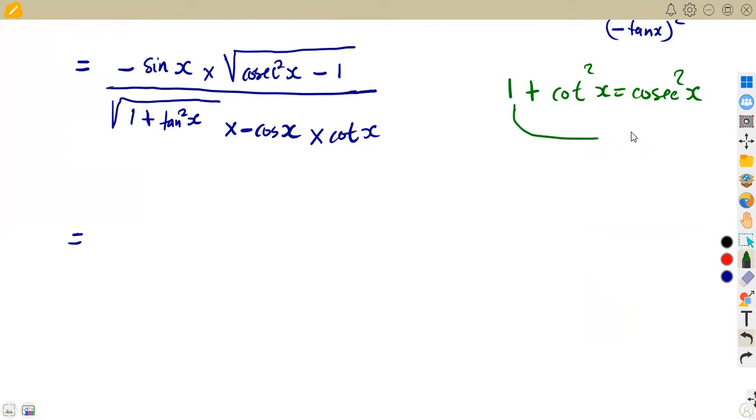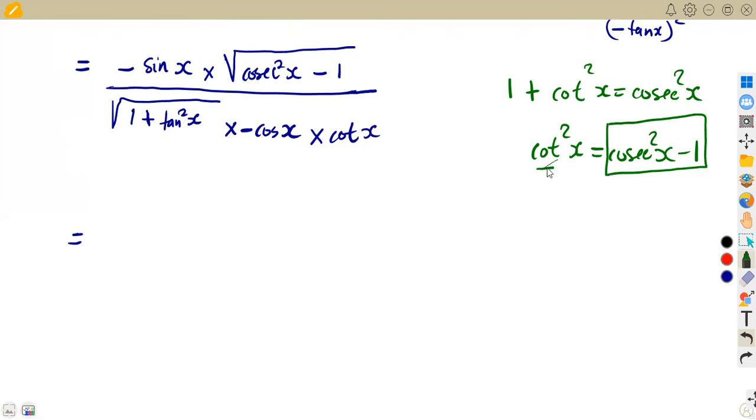We simply transferred this to the right-hand side, so we remain with cot squared x equal to cosec squared x minus 1. So where there is cosec squared x minus 1, it is equal to cot squared x. So here we are going to have minus sine x times the square root of cot squared x, all over 1 plus tan squared.